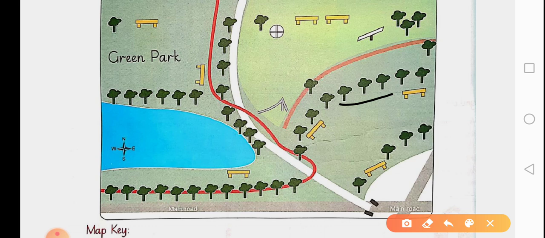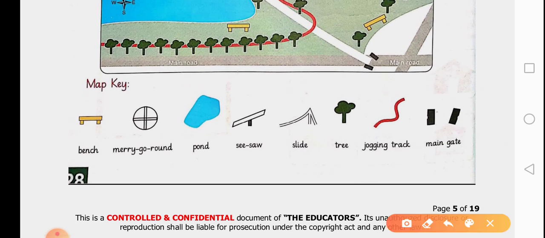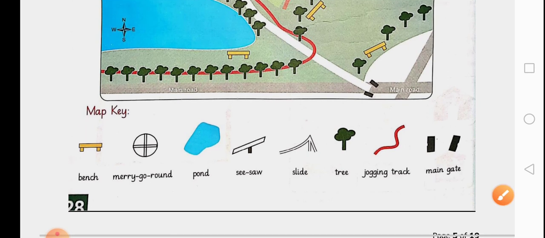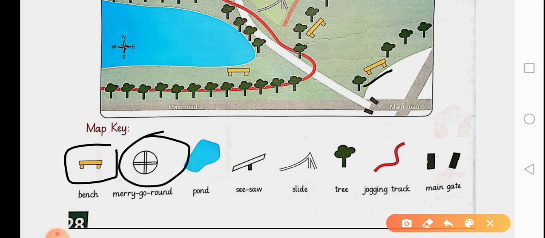But there are other things. They might be difficult for us. We might get confused. So to make it easier for us, there is a map key here. Can you see this? This yellow sign means bench. It shows you where the benches are placed in the park. This sign means merry-go-round.